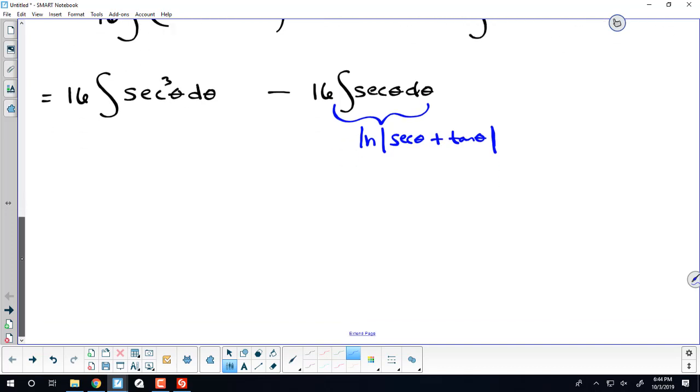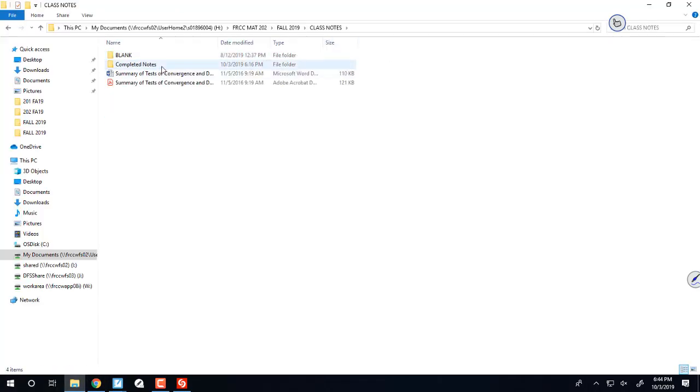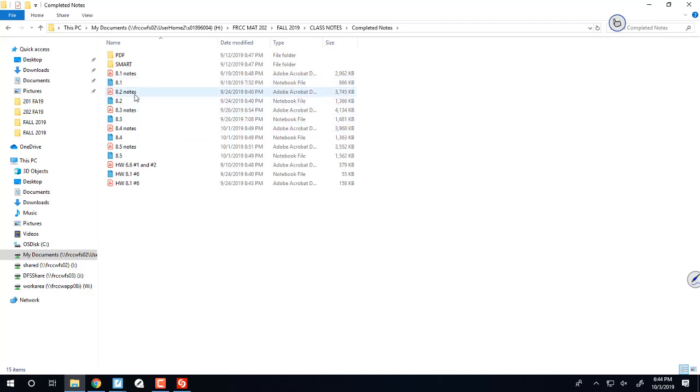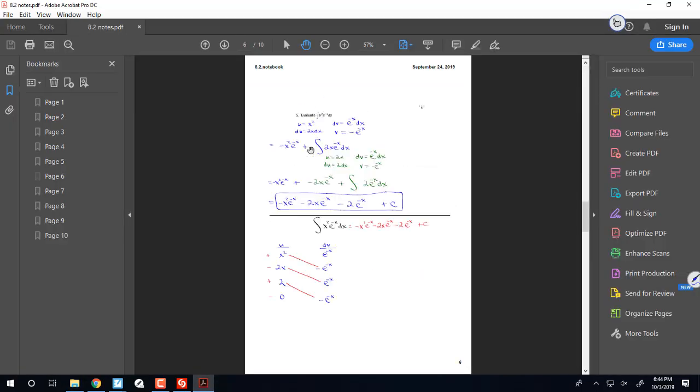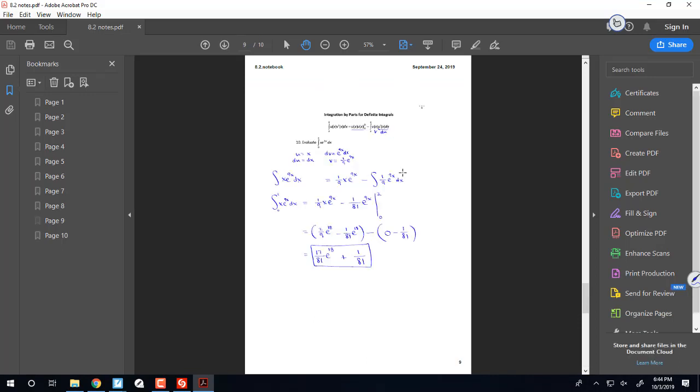All right. So, we could go through this process of integrating secant cubed. Remember I said you don't need to remember those reduction formulas. So we did this prior in 8.2, I believe. Instead of going through that again, it's kind of time consuming, let's just look at our results that we got previously.